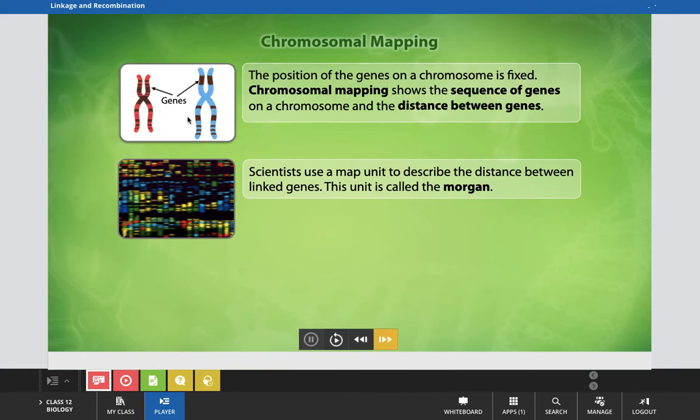Different band-like structures show the sequential arrangement of different genes located on these chromosomes, and they also show the distance between the genes. Scientists use a map unit to describe the distance between linked genes, and this unit is called the Morgan unit because it was first introduced by Morgan.